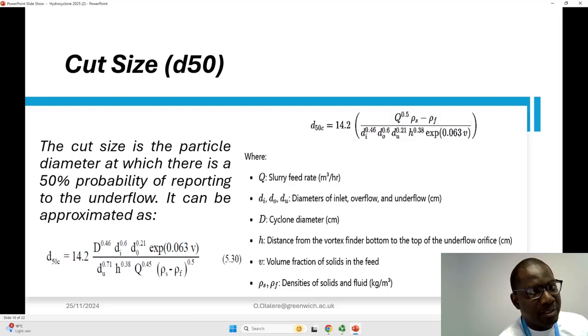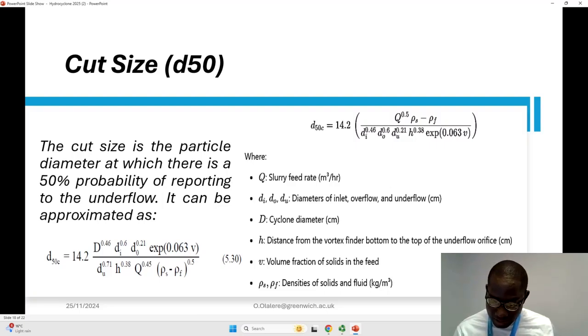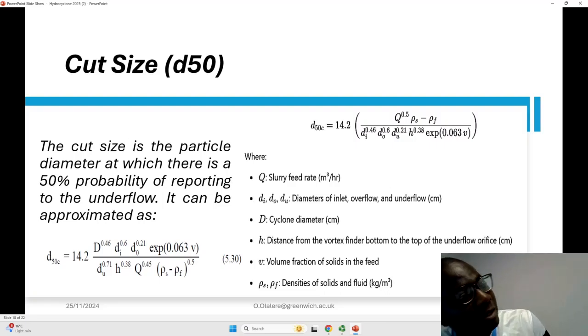It can be approximated as this. Again, cut size is a particle diameter at which there is a 50% probability of reporting to the underflow. What is the meaning of this?